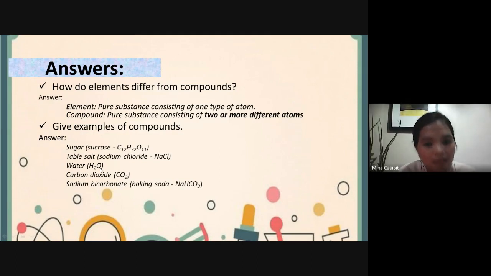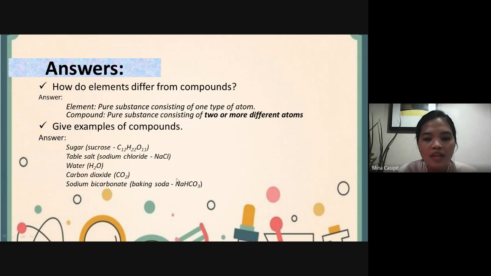Ano yung element na may symbol na H? Dapat alam nyo na to kasi grade 9 na kayo. Hydrogen. Ano yung element na may symbol na C? Carbon po. Correct. And lastly, ano yung element na may symbol na O? Oxygen po.